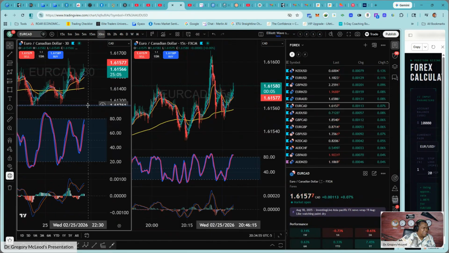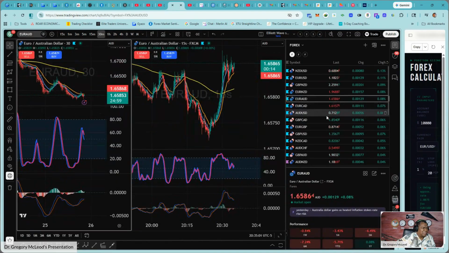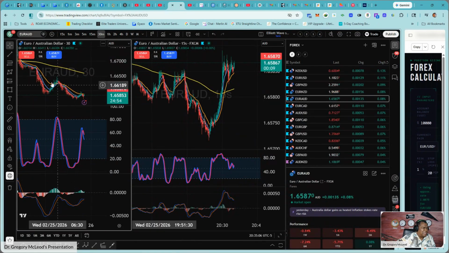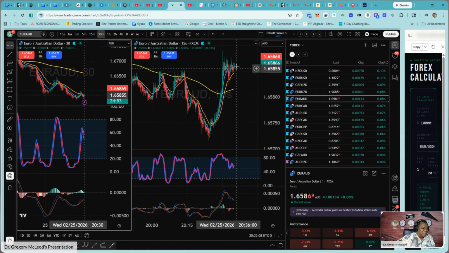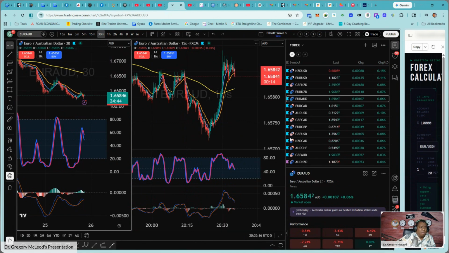That's a janky chart there. Euro Aussie. In a decline, but it's rallying off the lows, which is negative for the Australian dollar. Oh, that looks like it's heading back down.